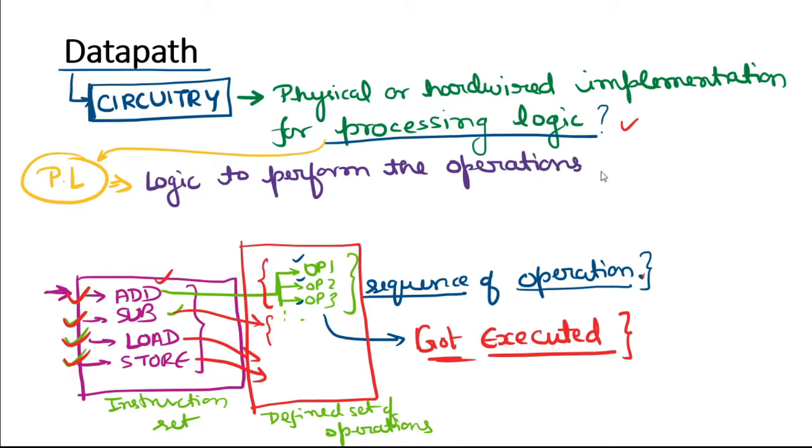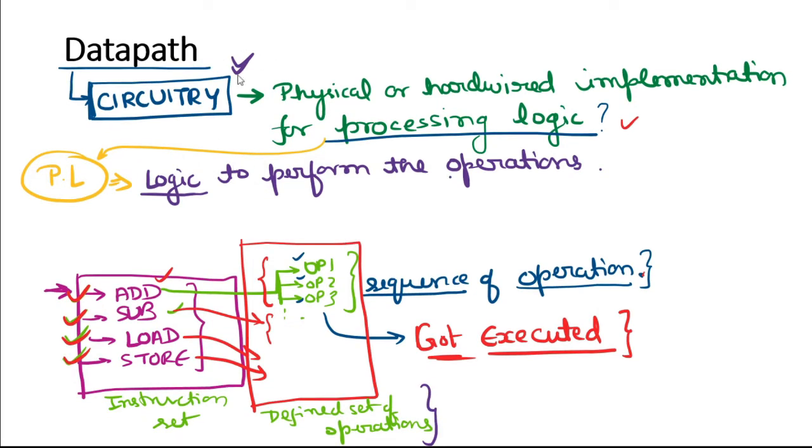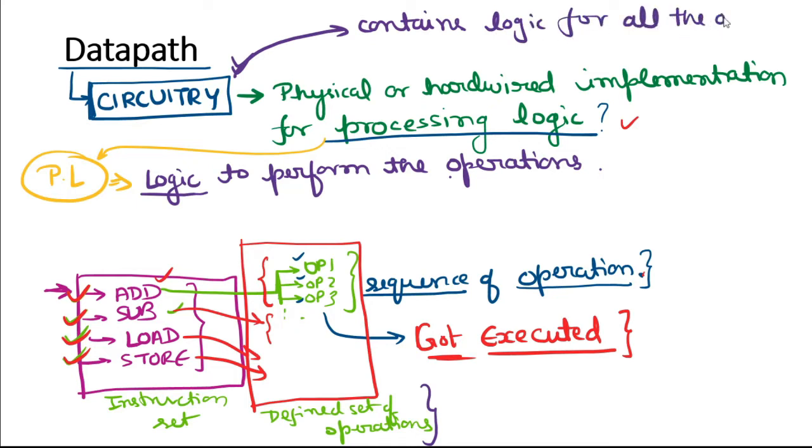Okay, this means that the circuitry contains all the logic, like the logic of all the operations. If you want to perform this defined set of operations, this particular circuitry will contain logic for all the operations, okay, that are in the defined set of operations.